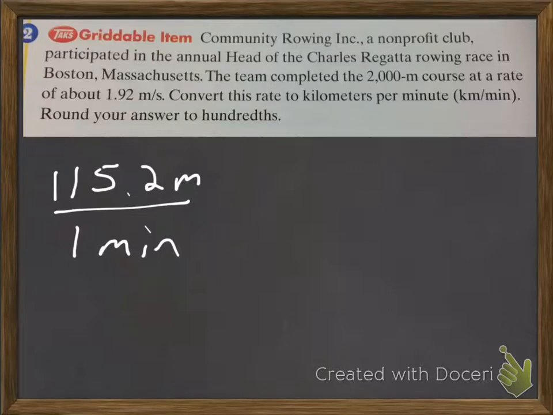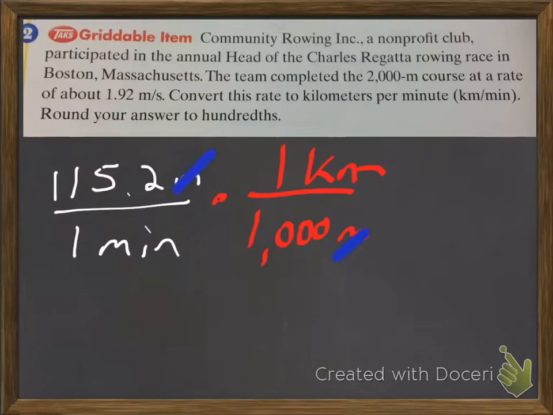Now we have to get rid of our meters and change them into kilometers. Well, there's 1,000 meters in 1 kilometer. So I'm going to try to get rid of my meters. I'm going to multiply it by 1,000 meters in 1 kilometer.